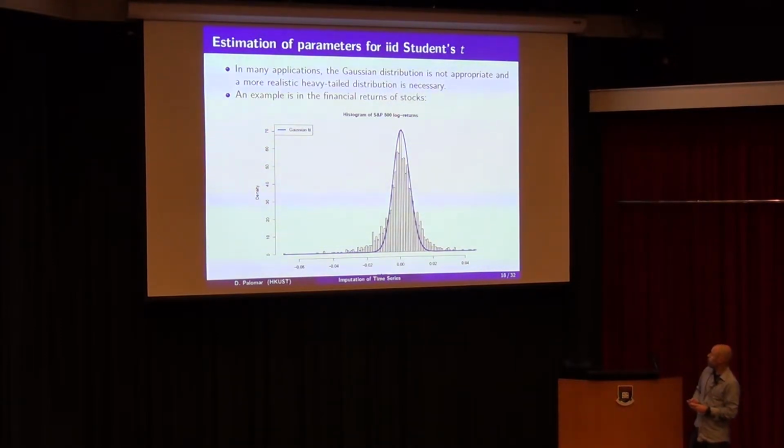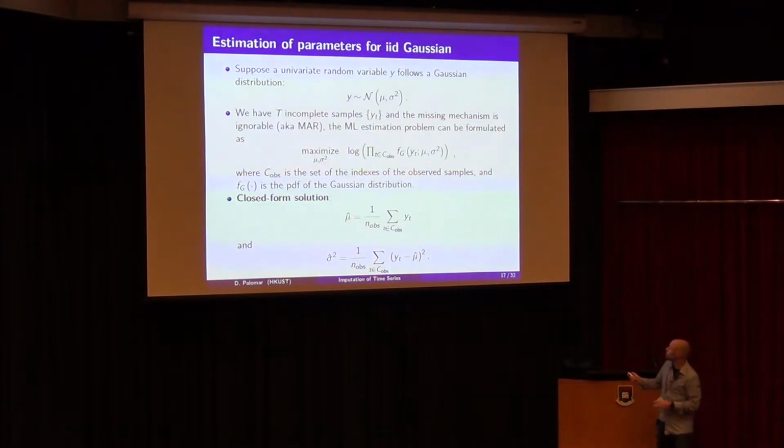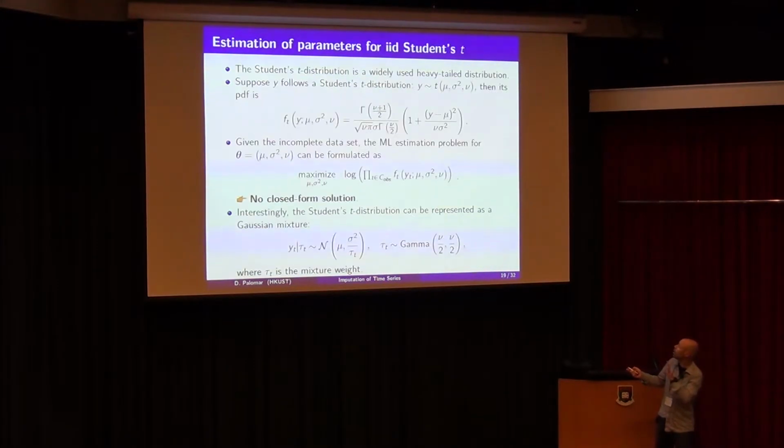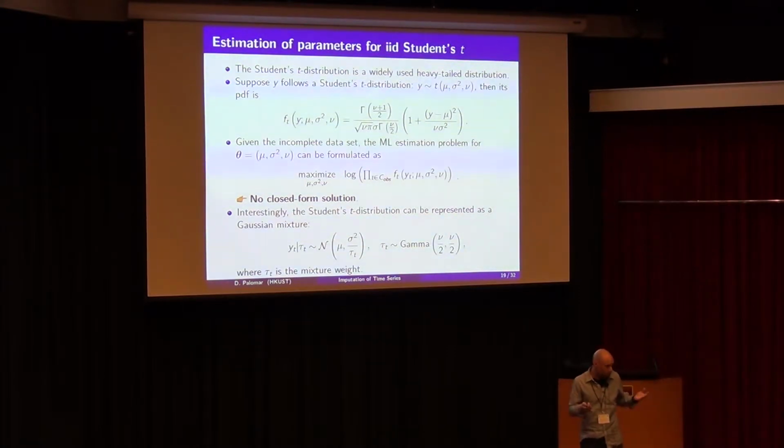Okay, so we were talking about the Gaussian case, and now let's do it with the Student t, a heavy tail case, but still IID. In this case, we need to use some heavy tail distribution. There are many heavy tail distributions, and which one you choose is not really that important in practice.